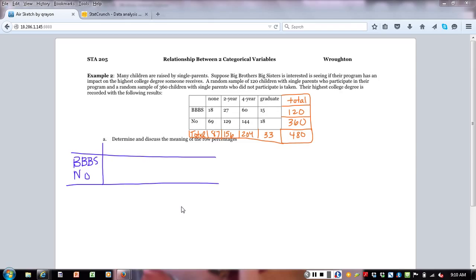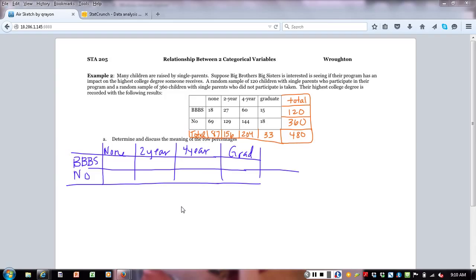So I have none, 2 year, 4 year, and a graduate degree. Yes, no here. And let me go ahead and add the total, because the total should be 100%.